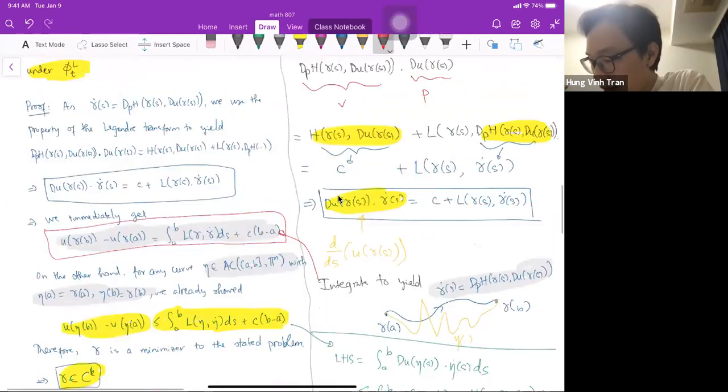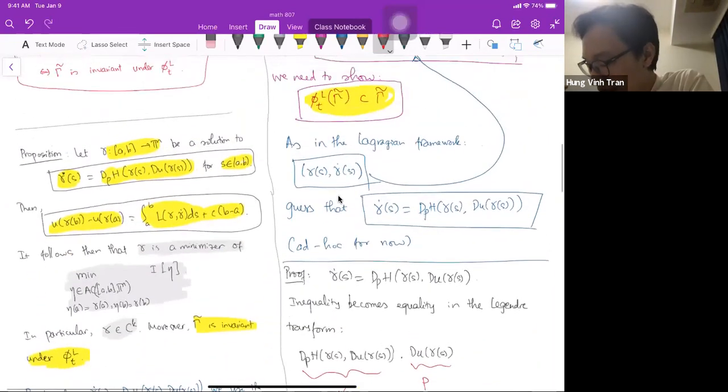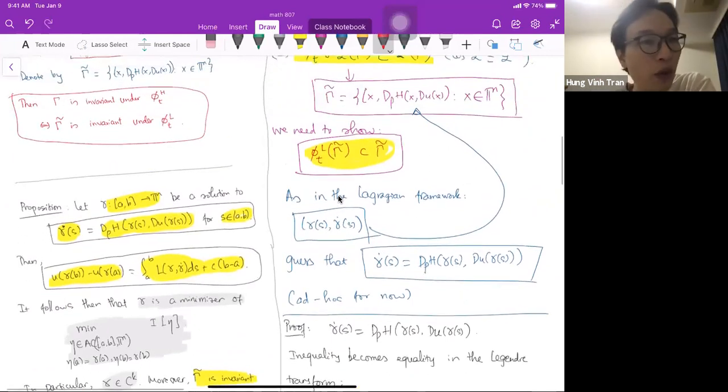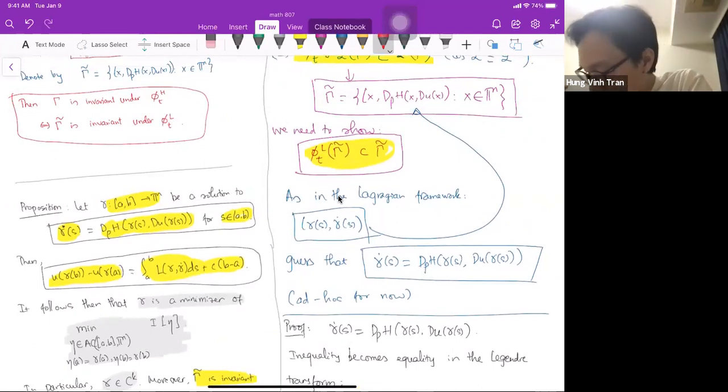So let's go back a little bit to see what's going on. Up to the point that we showed that gamma is invariant under the Hamiltonian flow is equivalent to gamma tilde being invariant under the Lagrangian flow, that's fine, right? Then we defined the gamma dot to be like that.